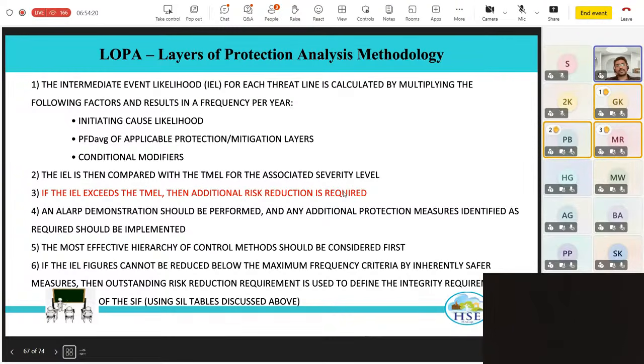So this means that if the IELs cannot be reduced below a certain frequency by inherently safer design, then the outstanding risk reduction is used to define the integrity. That means if you are not able to do things with inherently safer design at the onset, then you either add safeguards or increase the integrity of the existing safeguards. And if even that is not done and it is crossing SIL 3 and above, then the management will straight away go for a redesign where you consider inherently safer safeguards. So that is why I don't consider SIL 4.